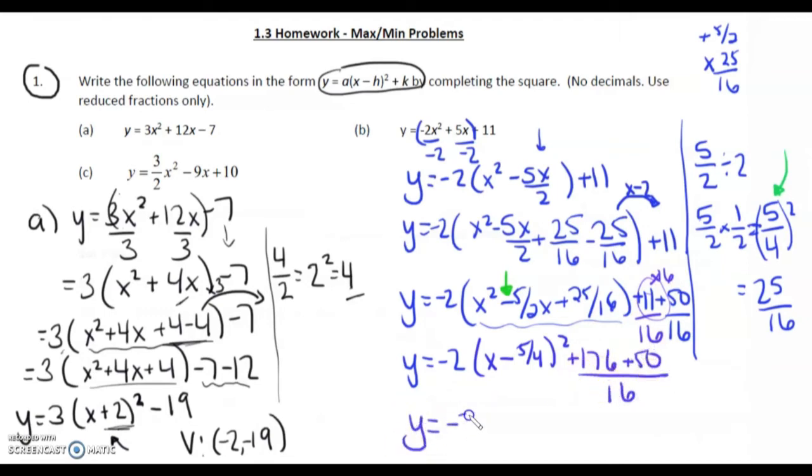So we get an answer of y equals negative 2, x minus 5 over 4 squared plus 226 over 16, which reduces to 113 over 8. Again, if you wanted the vertex of this one, you would do 5 over 4, positive because this is negative, comma, 113 over 8.